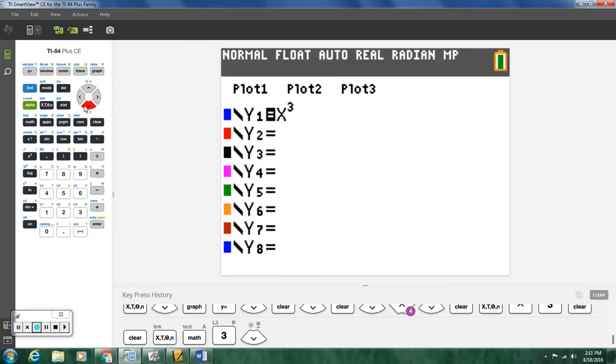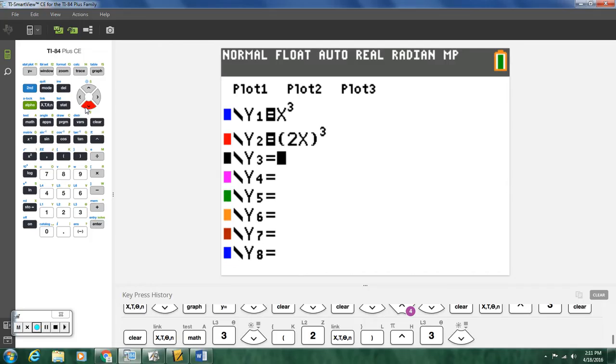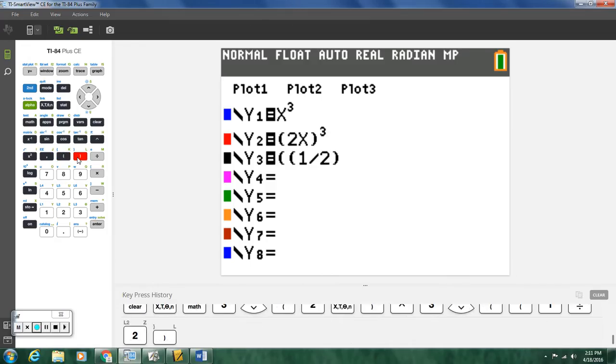You've got to be careful. These have to be in parentheses. So you want the calculator to know not only am I cubing the x, I'm also cubing the 2. And then you've got to be really careful on that 1/2. You've got to tell the calculator, I want you to cube all this, but then what do we have to have for the fraction? We've got another set of parentheses where we say 1 divided by 2, and we close that.